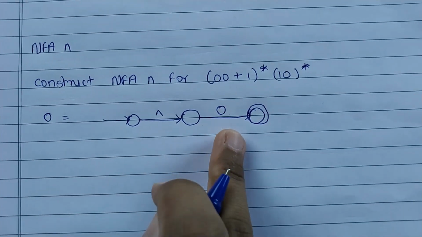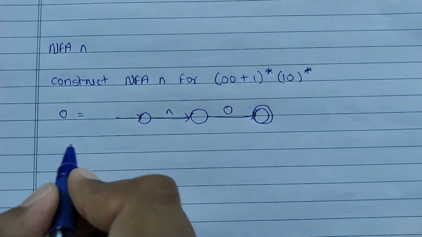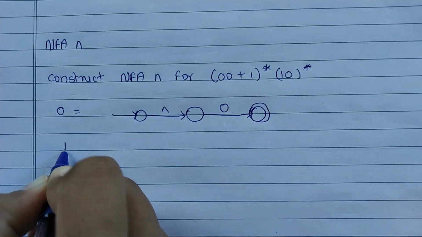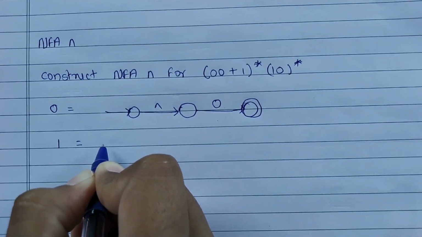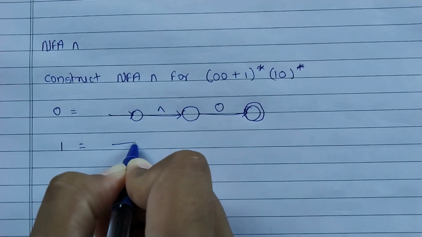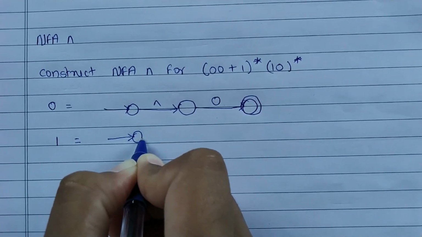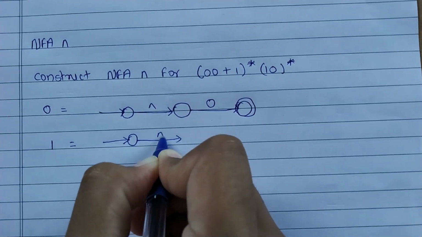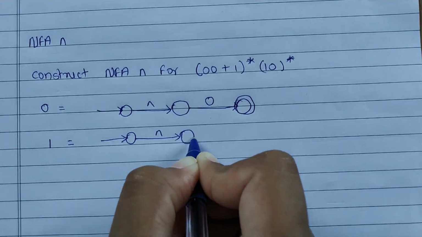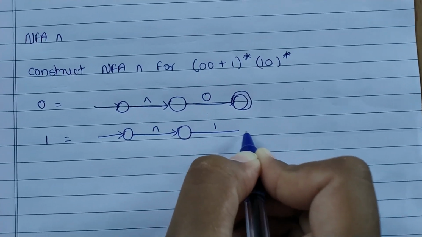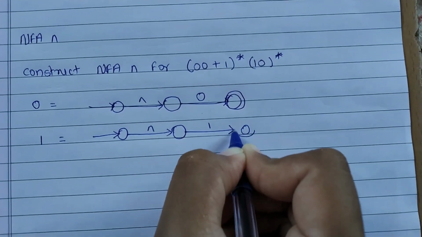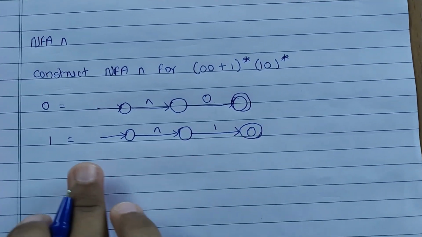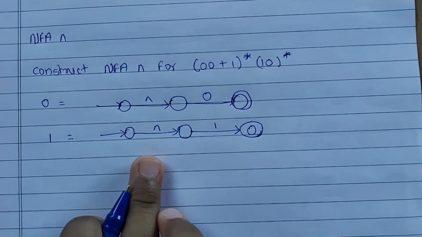So simply 0 we draw like this. Simply 1, how do we draw the 1? First the initial state which passes a null value, then one state, then 1, and here the acceptance state. So simply 1 we draw like this.